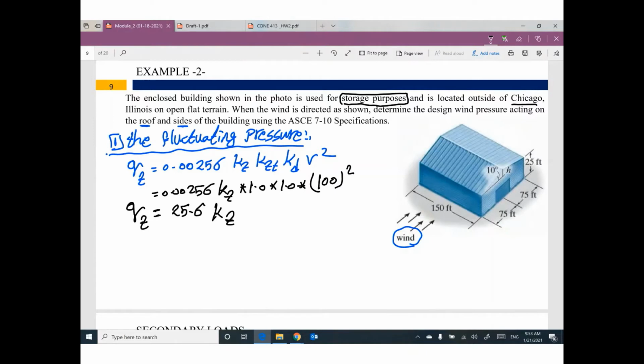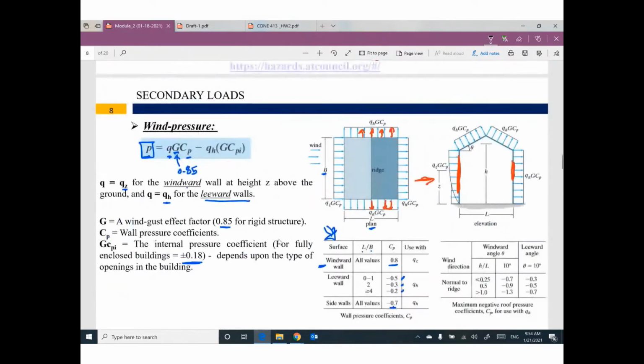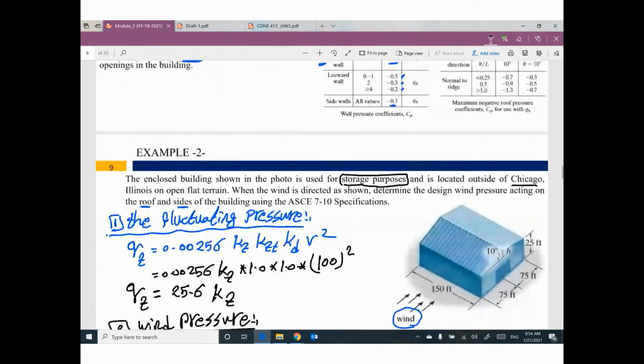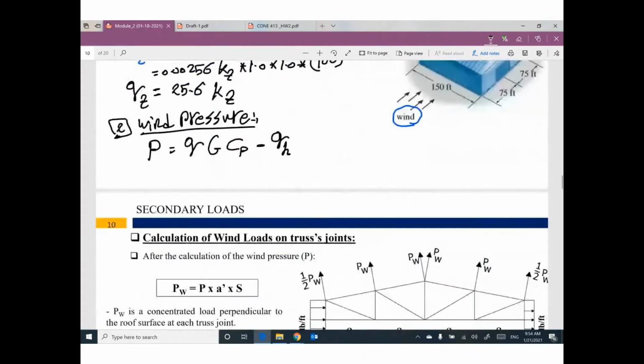The second step, what is the wind pressure? We have the equation P, wind pressure, equals q times G times Cp minus qh times GCpi.